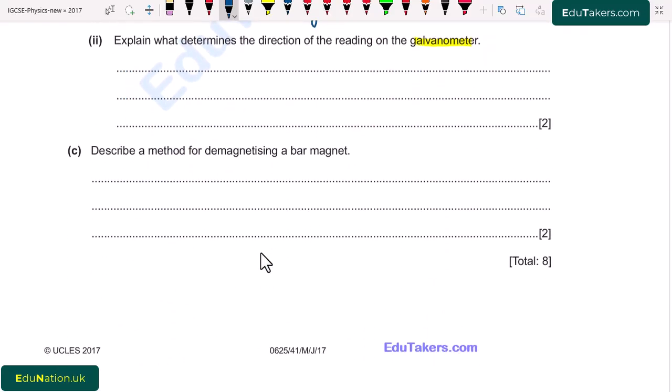So I write here, it depends on which pole is entering the coil.